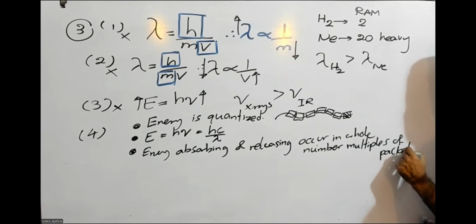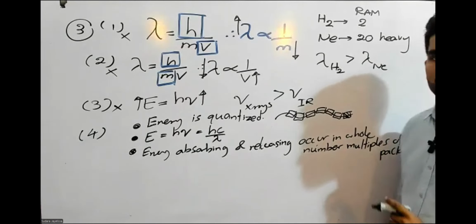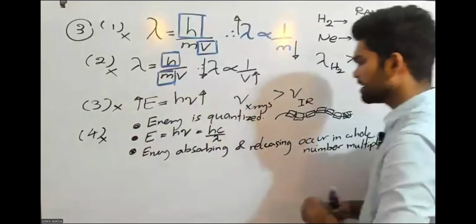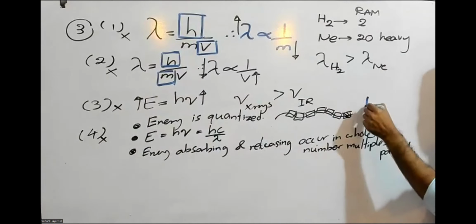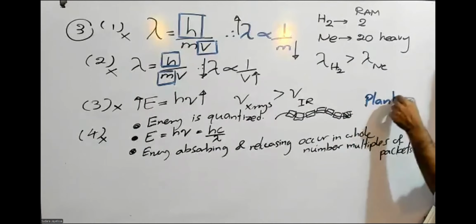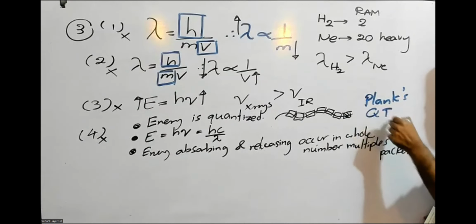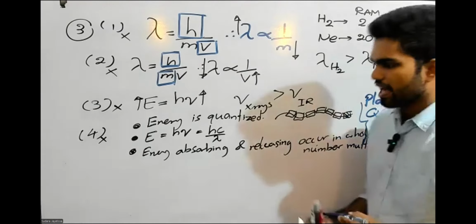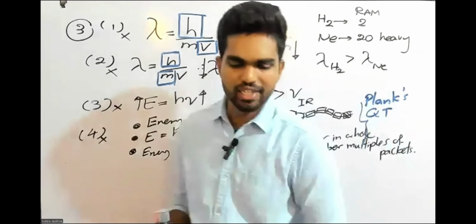No fractions can be absorbed or released. Understood that? So therefore this statement is wrong according to Planck's quantum theory. And then our fifth statement must be correct, no?